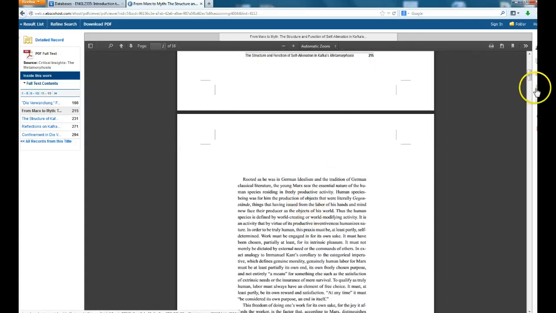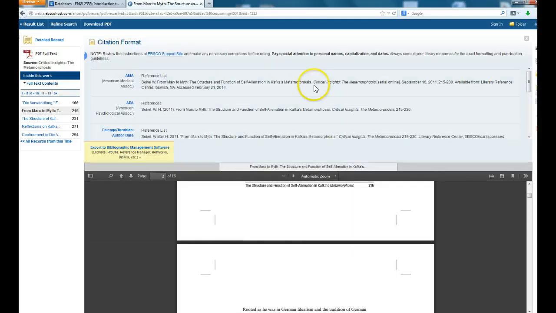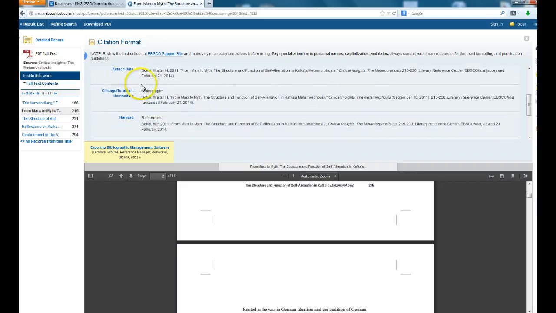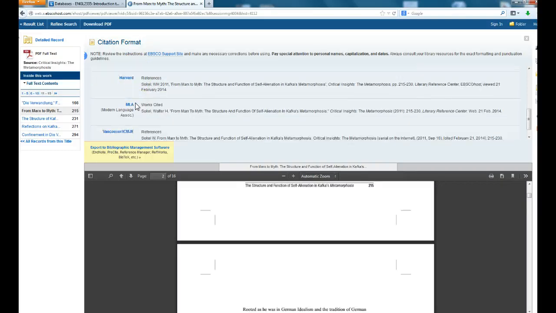EBSCO has the possibility, and I know that I cut this off, but there is an icon here that's of a sheet of paper, and if you hover over it, it says cite. If you hit that, it brings up the citations for some of the most used citation formats, including MLA.